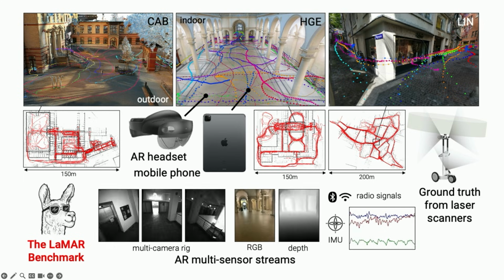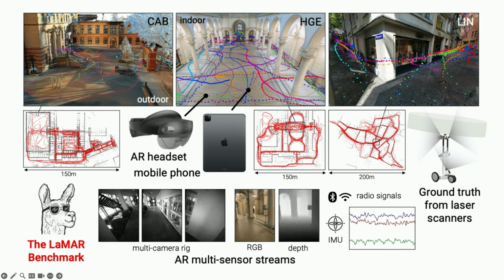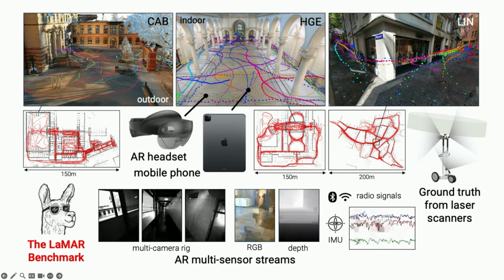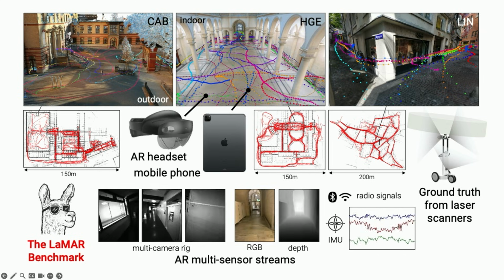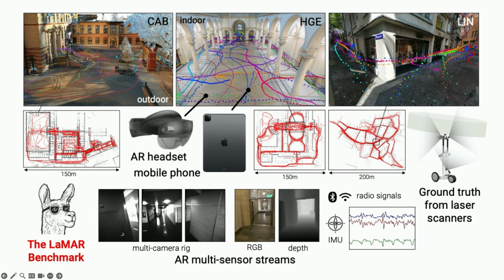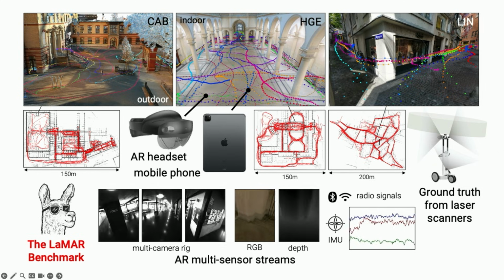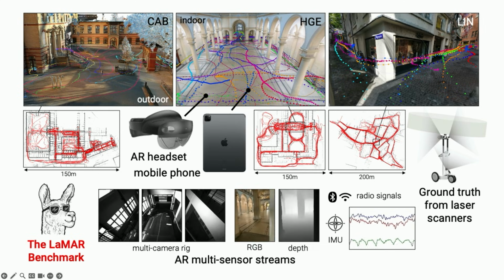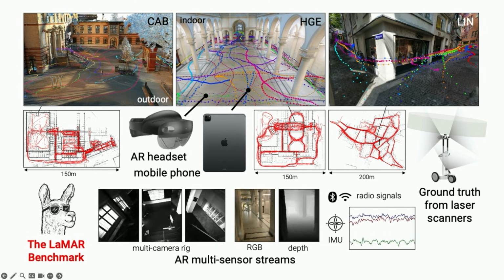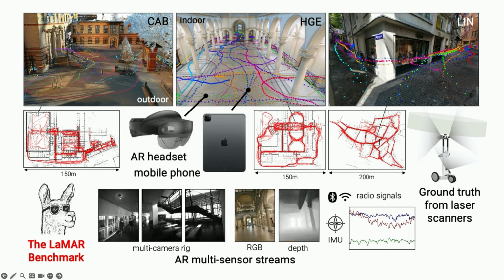In this dataset, they gathered hours of data over more than a year from users navigating these spaces with AR devices. In that case, it was head-mounted HoloLens devices and handheld Apple iPhones. These devices are equipped with multiple sensors, such as cameras, IMUs, and radio receivers for Bluetooth and Wi-Fi.